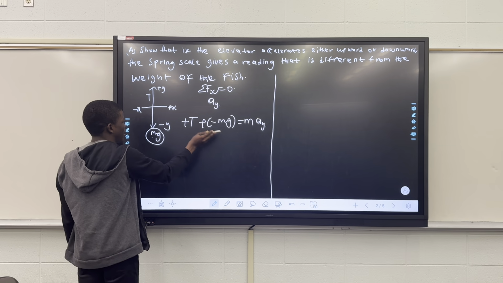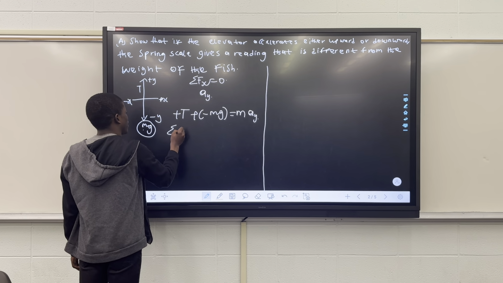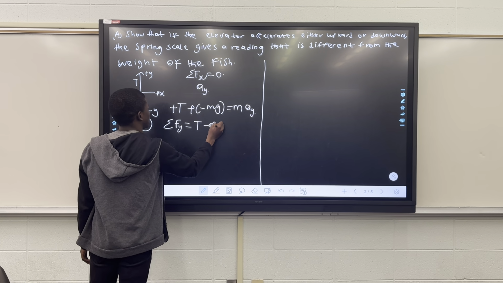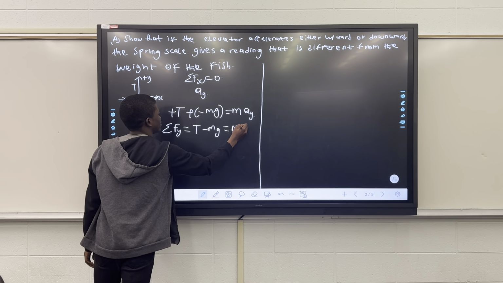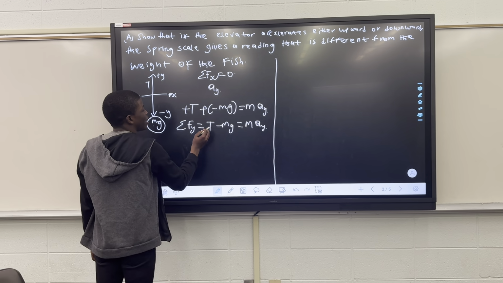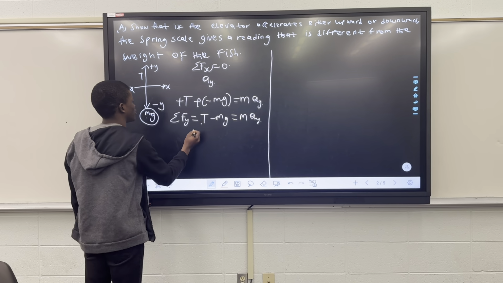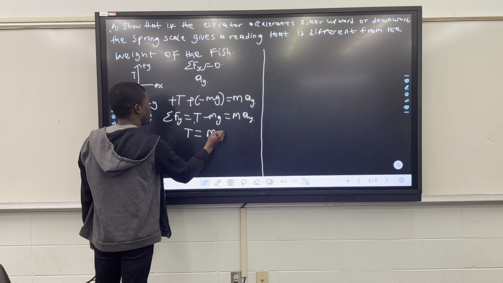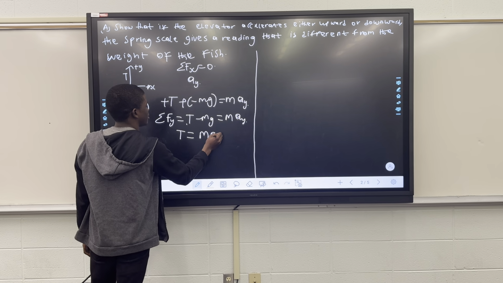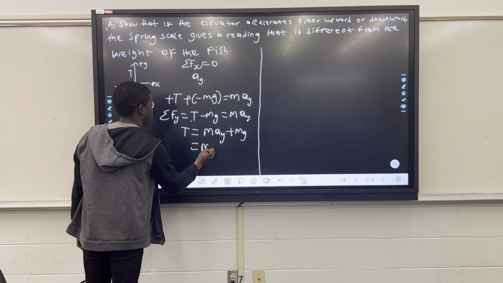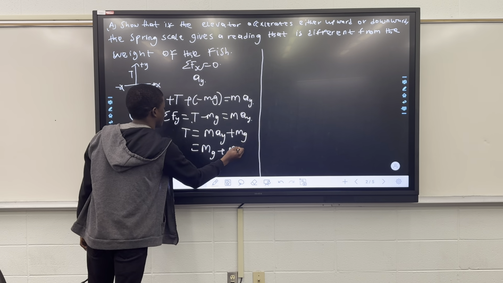And this is for the y direction. So I can write summation Fy equals T minus mg, and that's mass times acceleration in the y direction. Now the reading on the scale is going to be the tension, so I'll write T equals mg plus may.